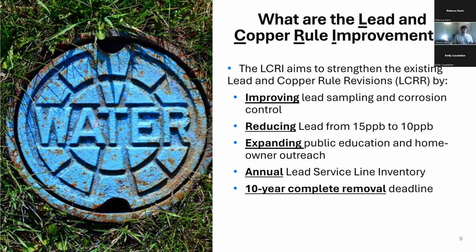As we looked at a couple of slides back at what we're focusing on with that red box, we are focusing on not just the utility side up to the curb stop, we're also now concerned with the customer side. So outreach to the homeowner is imperative to make sure that we're really meeting these goals. It requires that annual lead service line inventory and then that 10-year complete removal, which we'll be talking about a lot. So you're going to hear that come up a lot in the next coming slides as well.